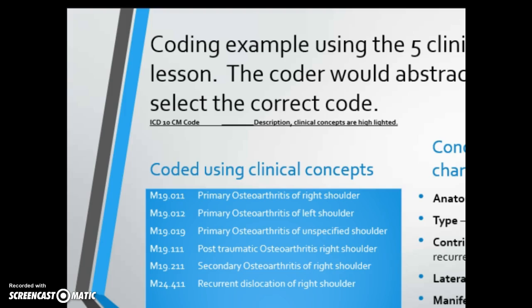I've given you an example of some ICD-10 codes, the M19011, primary osteoarthritis of the shoulder. And again, we had to identify the anatomy, which was shoulder. The type, it was osteoarthritis, and it was primary, secondary. Contributing factors, it was post-traumatic, recurrent. Laterality, right or left. Manifestation, and localization. And you can see all of that in those codes.